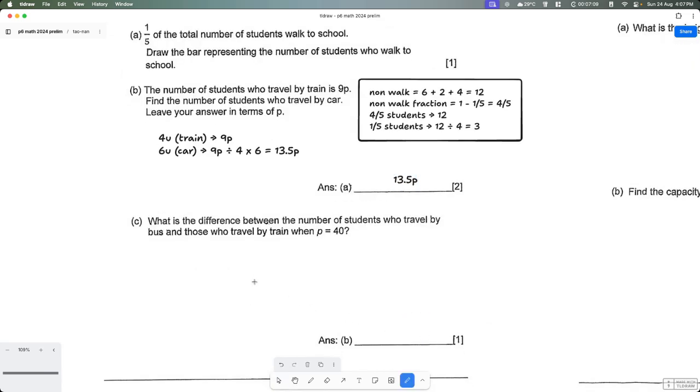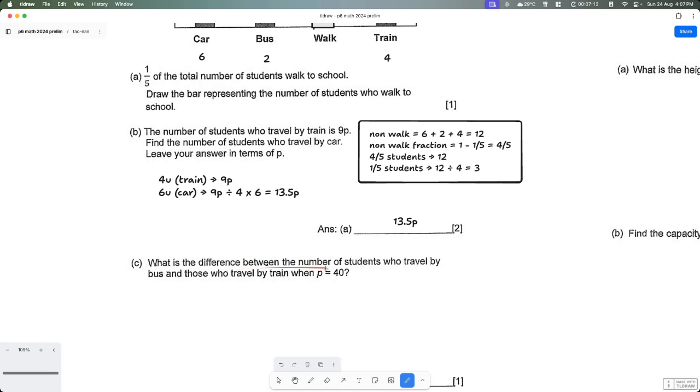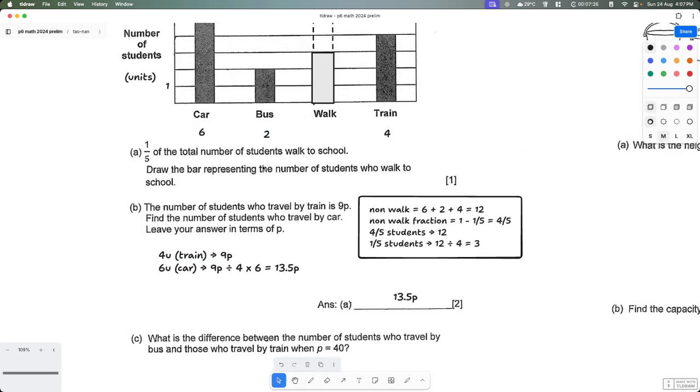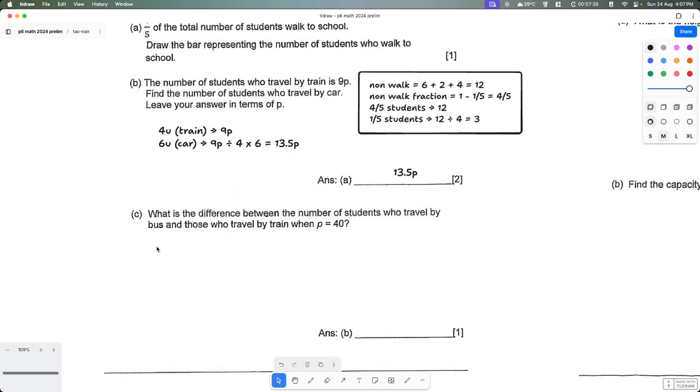Okay, last part C. What is the difference between the number of students who travel by bus and those who travel by train when p is equal to 40? So bus over here is 2 units.